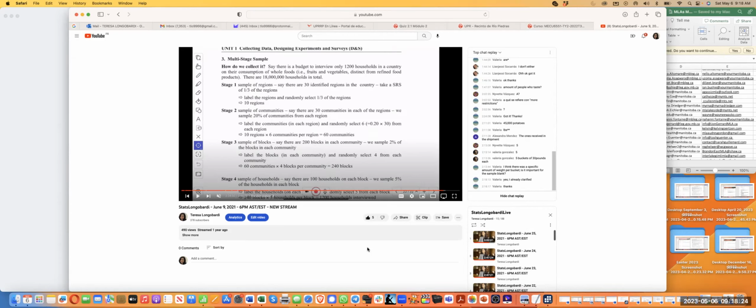So you have to label all your units that you're going to sample from. Well, how are you going to label all the units if you don't have a complete list of all the units?